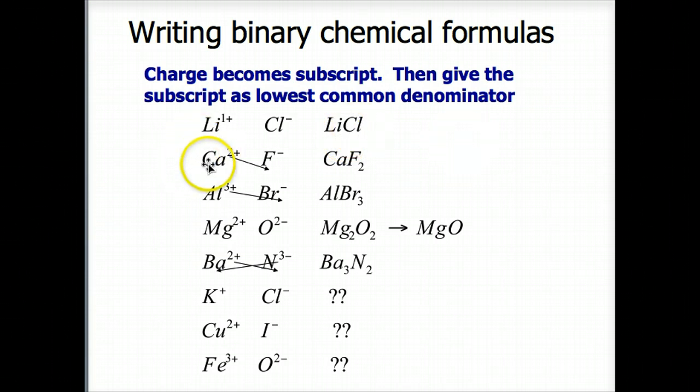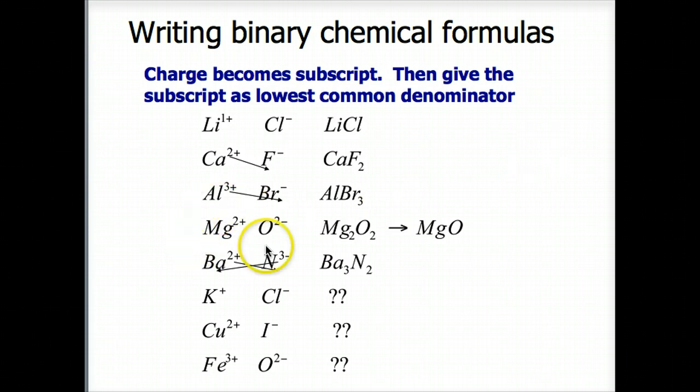This is helpful for multiple charge things, so calcium with a +2 and fluorine with a -1, if I just bring that +2 over here, it tells me how to write the formula, CaF2. Same thing with aluminum bromide. Bring that 3 over, bring that 1 over, AlBr3.